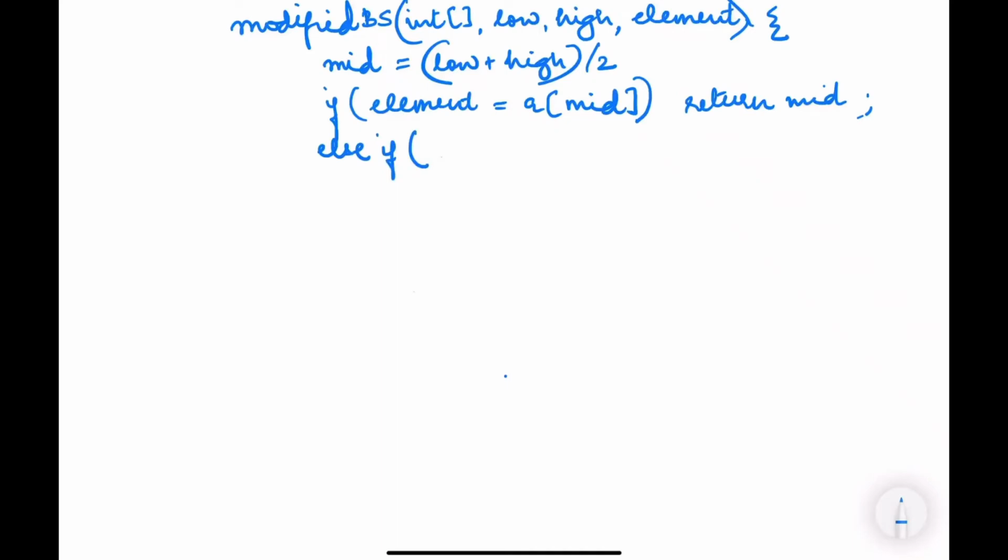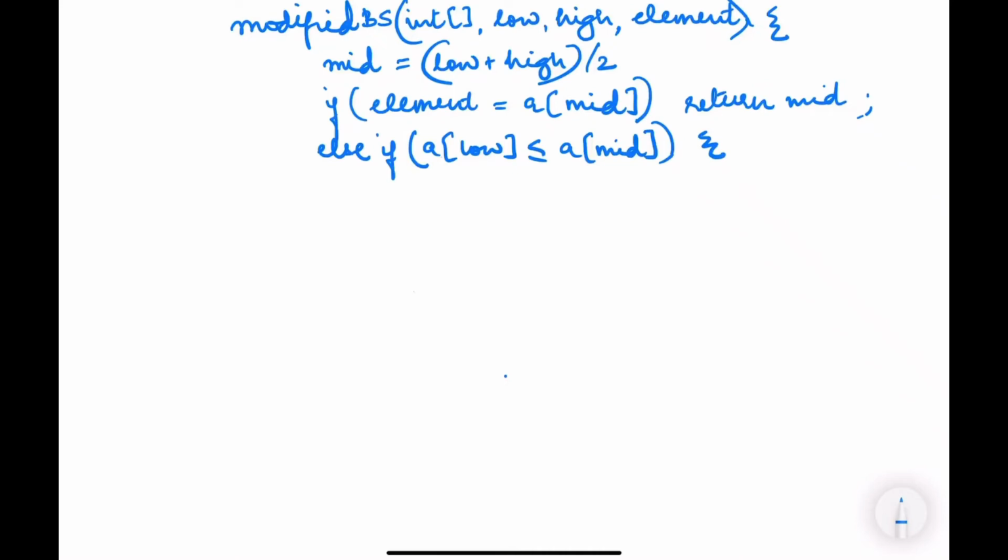How will we know if the left subarray is sorted? If the value at low is less than or equal to the value at mid, it means that the array is sorted in increasing order. So we will first check that. Okay, let's say this was the case. Then now we have to ensure the element that we want to find must exist in that left subarray.